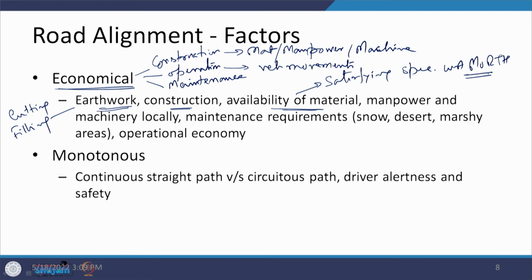So, if that is not available, then it is a problem, you have to get it from somewhere else, but if you do that, then the transportation cost of that material is going to add on to the project, and that will increase the cost of the project.